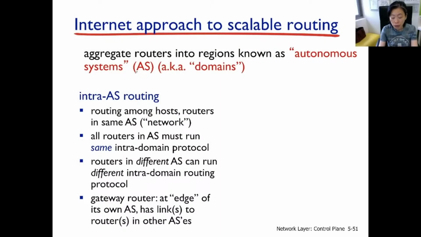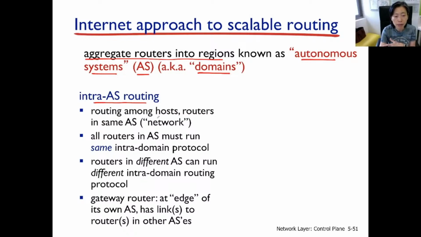Once again, on the internet, we aggregate the routers in a region and call it the autonomous system, an AS, or sometimes we also call it a domain. So the internet is a network of ASs, a network of domains. The routing protocol within the AS, which the network admin configures on all the routers, is called the intra-AS routing.